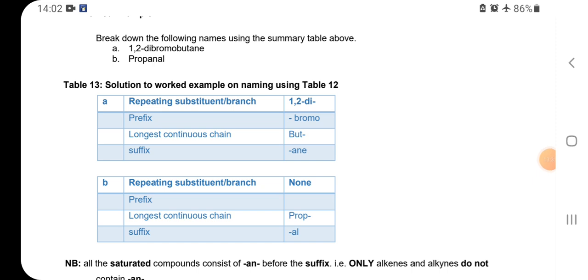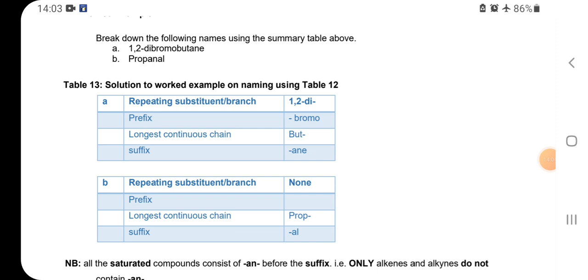1,2-dibromobutane and propanal. As you can see, for the repeating substituent we have 1, 2, and di. For the prefix, we have bromo. The longest continuous chain is but, which is the number of carbons, how many carbons there are.